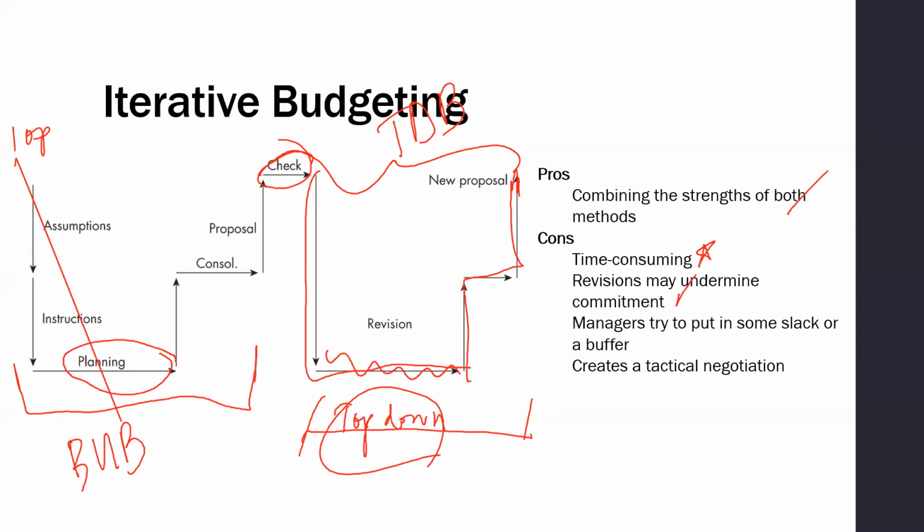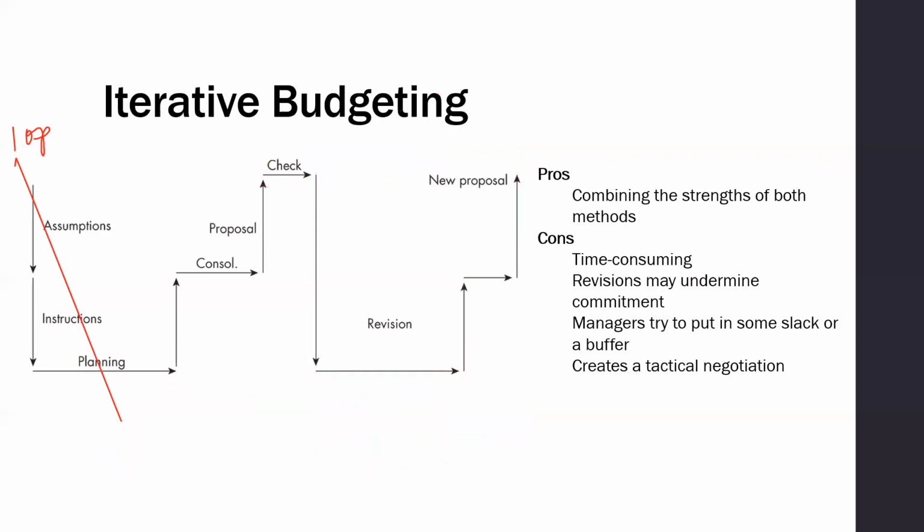Pero pagdating ng top-down, baka na-undermine na yung mga commitment na yun. Or nadagdagan yung commitment, dinadagdagan yung budget. Right? And so, it may undermine the ability of lower level management to implement strategy. Okay? So, those are some pros and cons with respect to iterative budgeting.